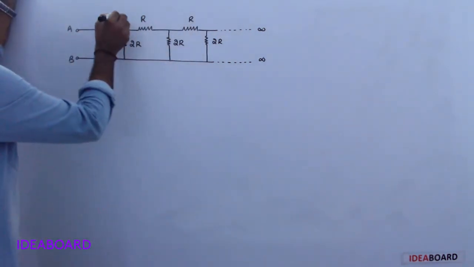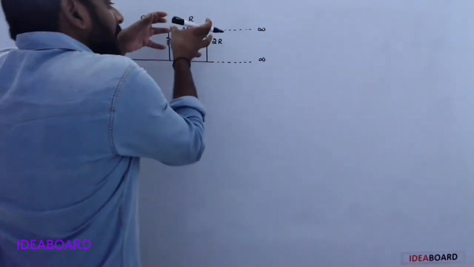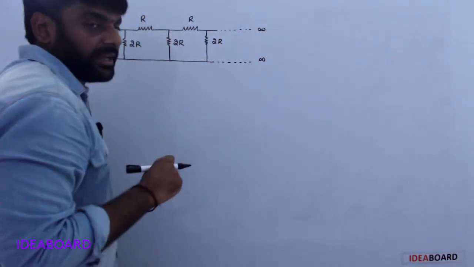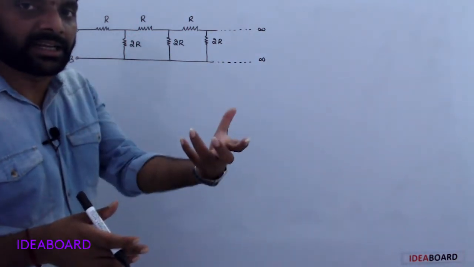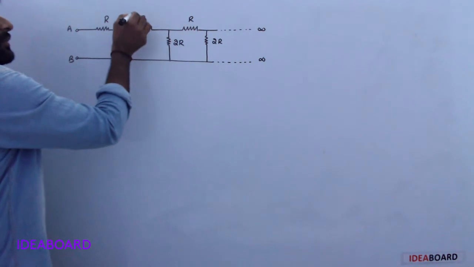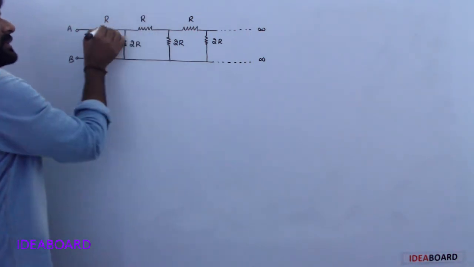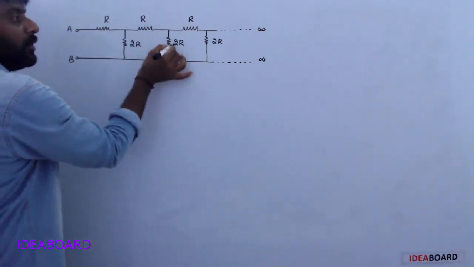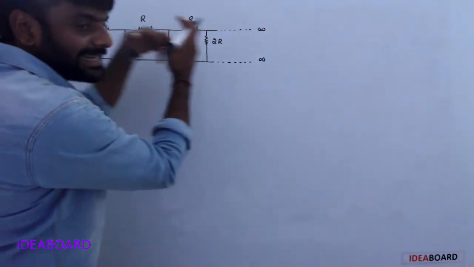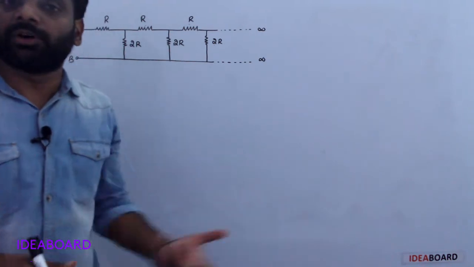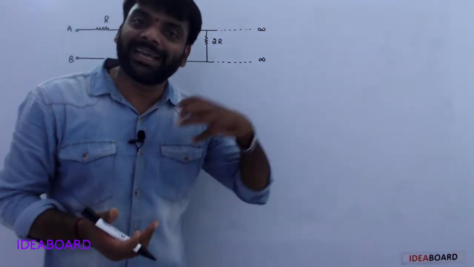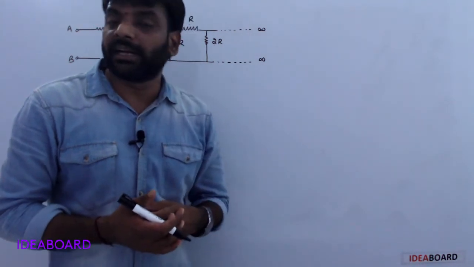If you add or remove one pair, for example one pair of R and 2R, there is no change because it is an infinite ladder network.